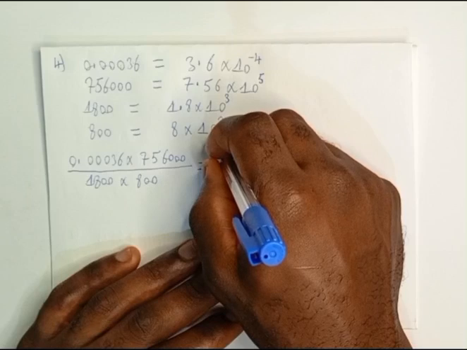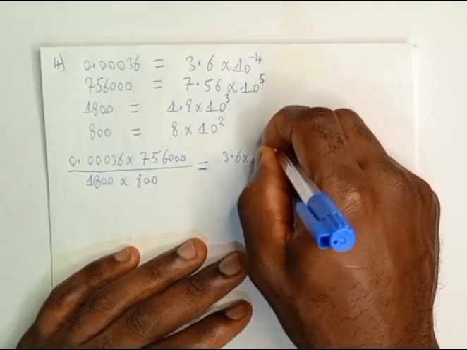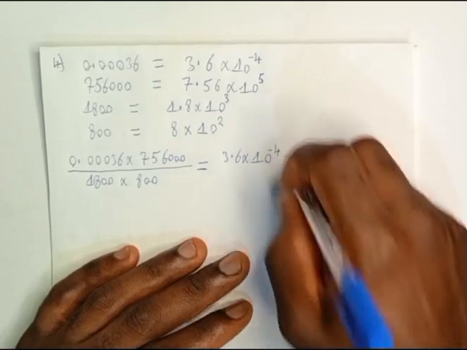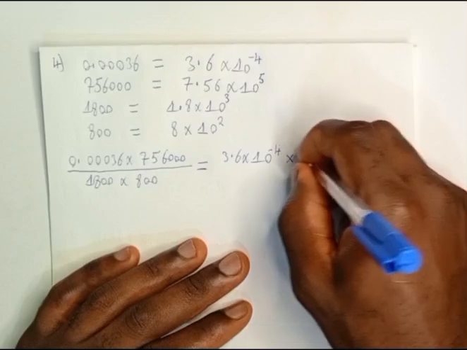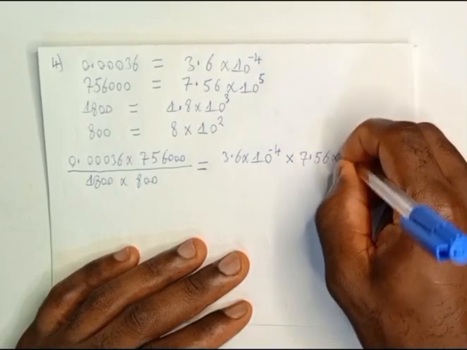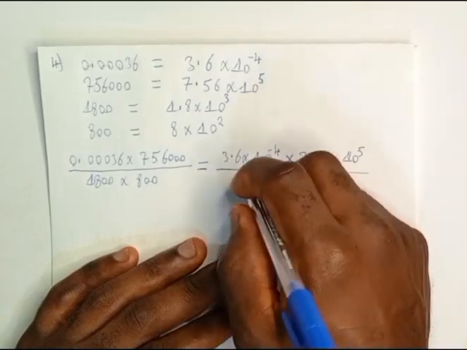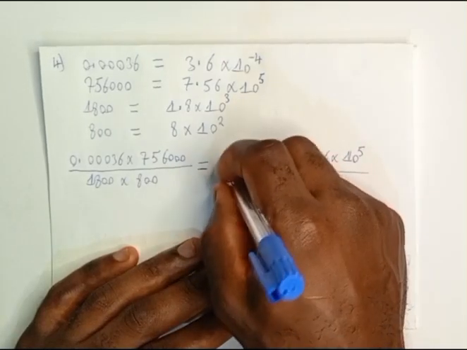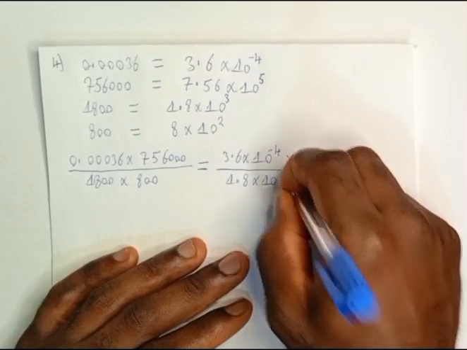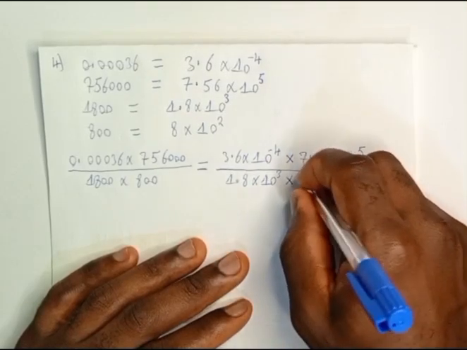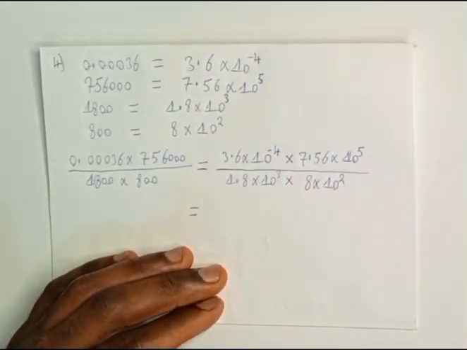For the number 0.0036 in standard form, it is 3.6 times 10 to the power negative 4 times 756,000 in standard form, it is 7.56 times 10 to the power 5 all over 1,800 in standard form is 1.8 times 10 to the power 3 times 800 in standard form gives us 8 times 10 to the power 2.